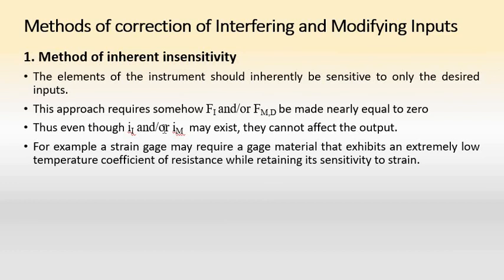So the effect of interfering input on the output, Fi, and the effect of modifying input on the desired input, FMT, will be 0. As a result, in our output we will obtain only ID, the desired input. Okay, this is the first method of removing the interfering as well as modifying input.